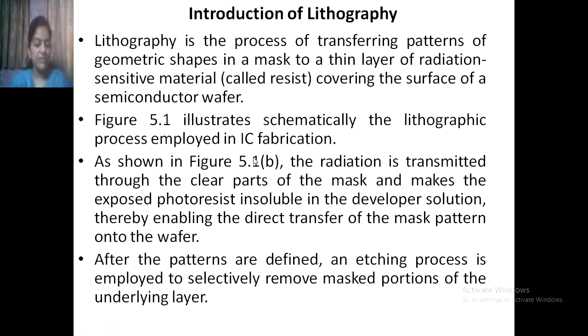As shown in figure B, the radiation is transmitted through the clear part of the mask and makes the exposed photoresist insoluble in the developer solution, enabling direct transfer of the mask pattern onto the wafer.